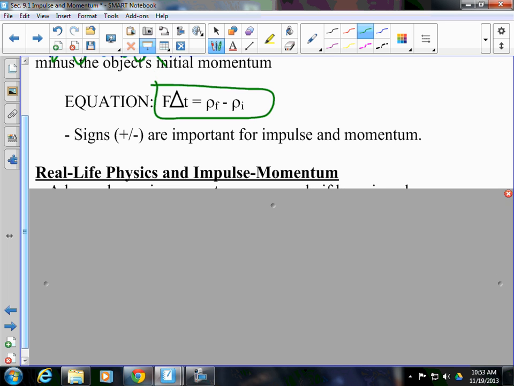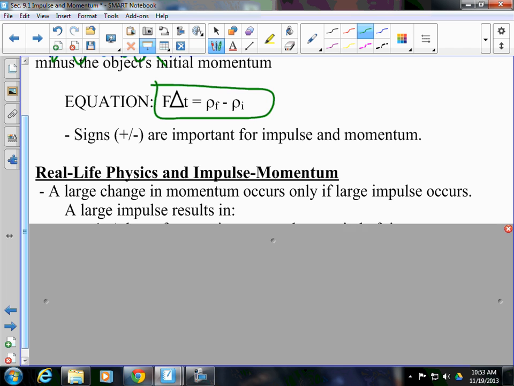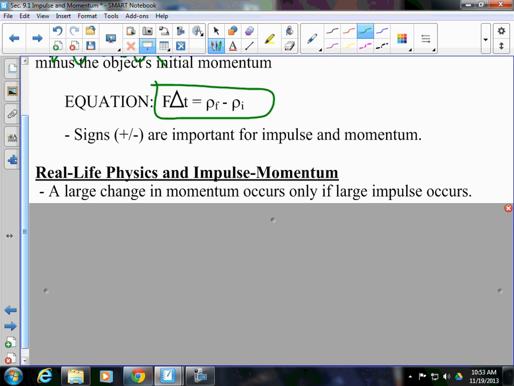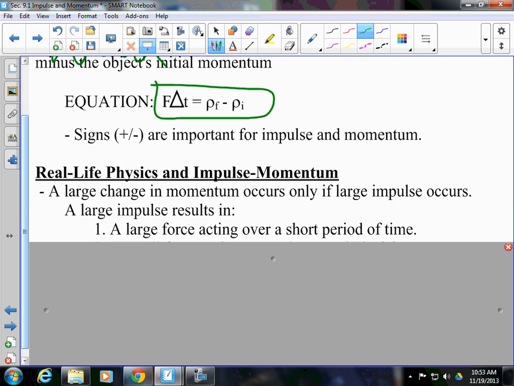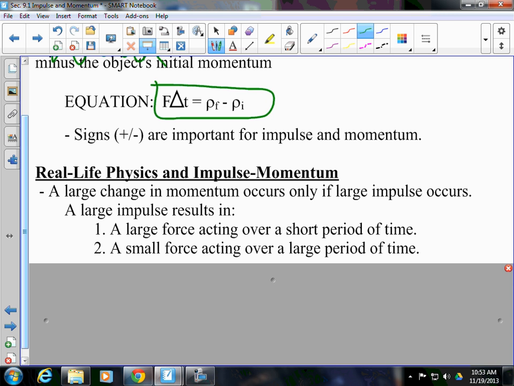So if we take a real life example, real life physics, impulse momentum: a large change in momentum occurs only if a large impulse occurs. Well, a large impulse occurs one of two ways. A large force over a short amount of time, or a small force over a large amount of time. Now think about the first example, something that you use every day as a safety precaution.